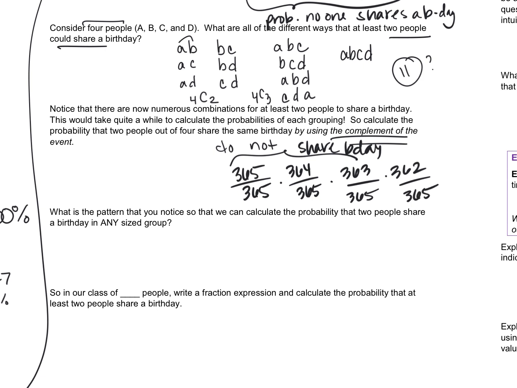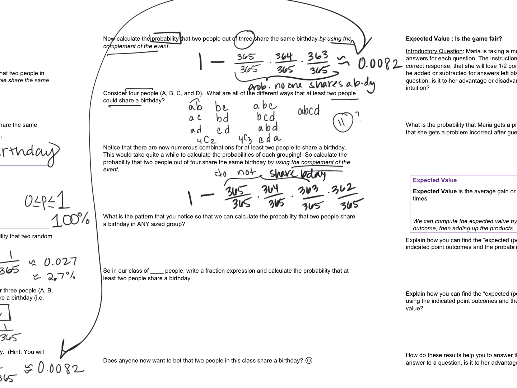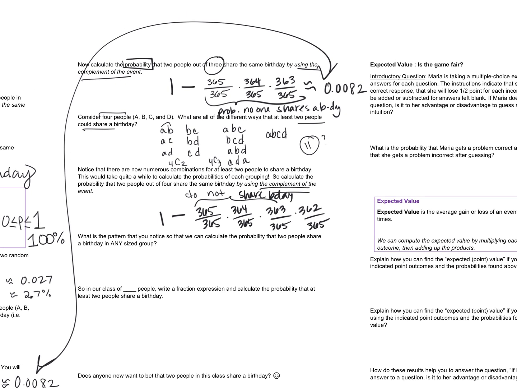And if we want to know at least 2 actually sharing one, it's just, again, that complement. If we compare the group of 3 versus the group of 2, we have this countdown, 365, 364, 363, and then it stops. The other one goes down to 362, and then the bottom is just a whole bunch of 365s.